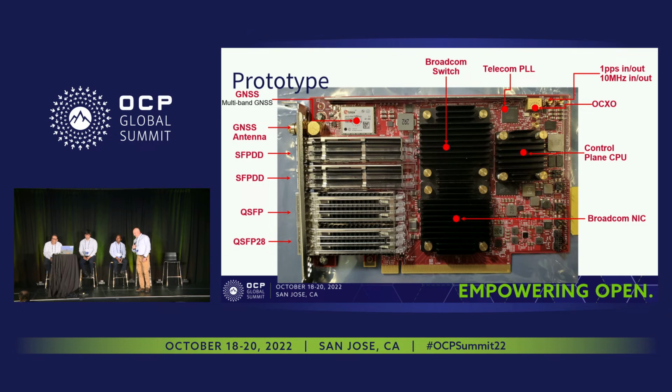So one other thing that is interesting here is the choice, and we made a choice that I would not make again, which is how do you reflect these ports to the host? Do they look like different physical functions? That's the choice that we made. Turns out software is really complicated. So if we were to do this again, what I would recommend is have the switch be a switch.